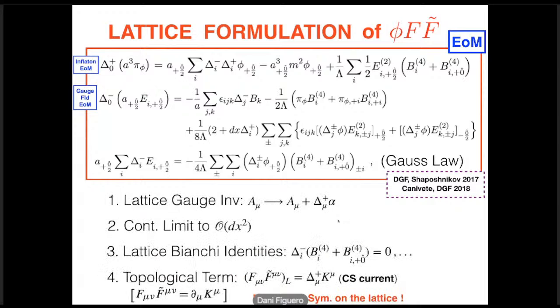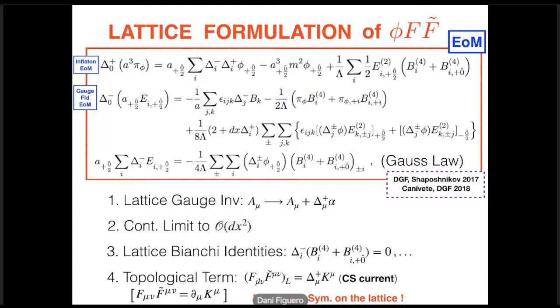I just want to highlight that our formulation is gauge invariant at the lattice level. It reproduces the continuum limit to second order in lattice spacing. It respects exactly the Bianchi identities on the lattice. And the most important thing, it respects the topological nature of the operator F F-dual.